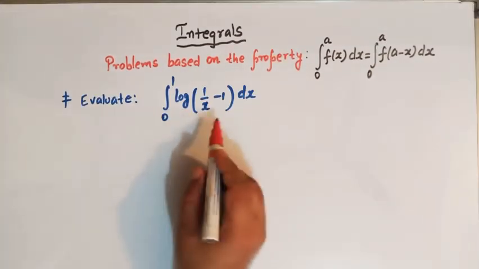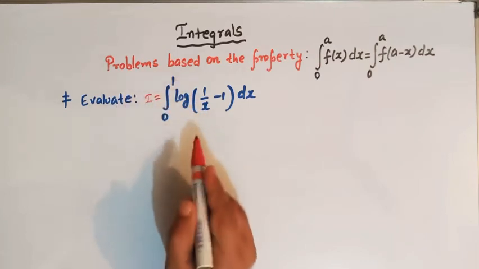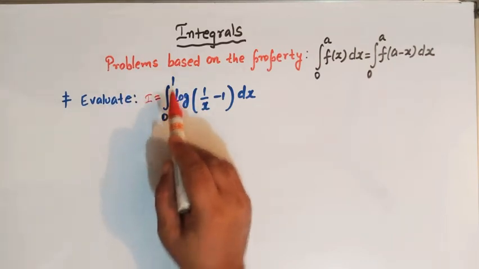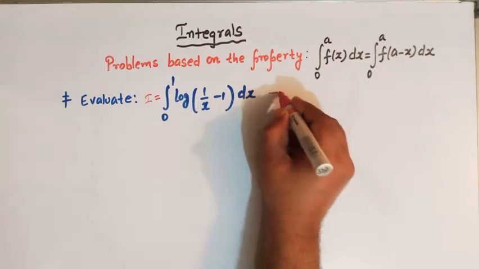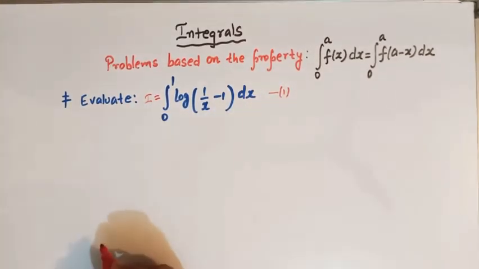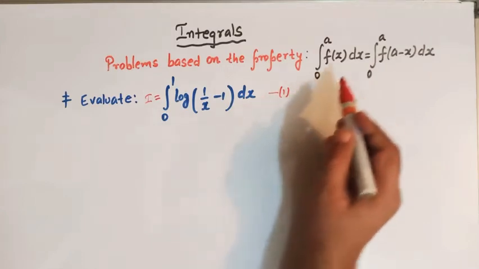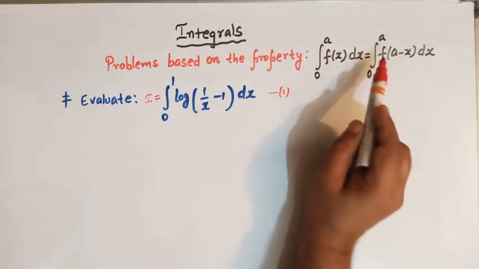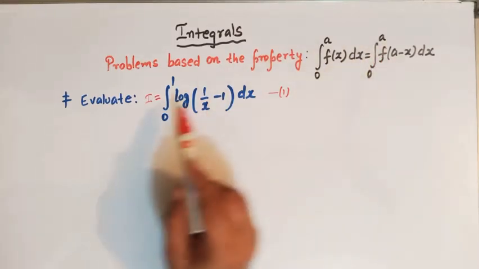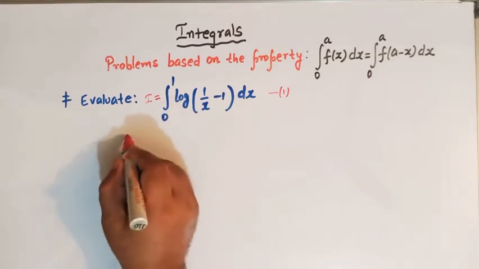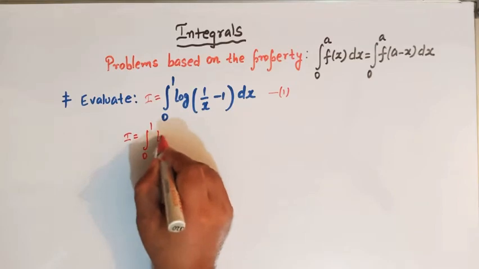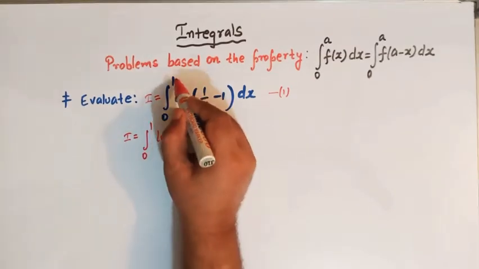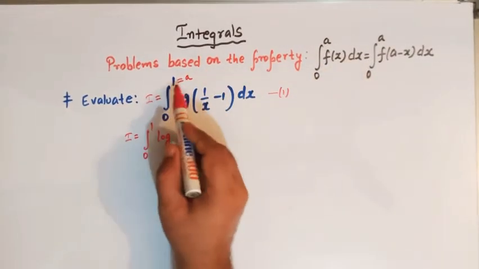Viewers, let us take this problem. Here we have to evaluate this integral from 0 to 1 of log of 1 over x minus 1. So let us take it as equation 1, and we will apply this property to evaluate this integral. So I is now integral from 0 to 1, and here the value of a is 1.